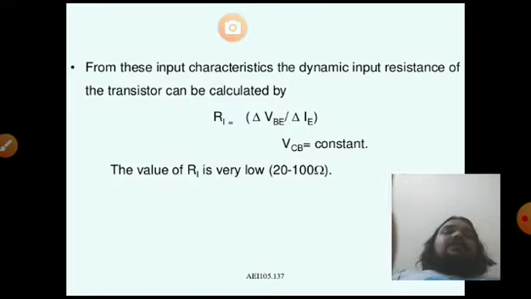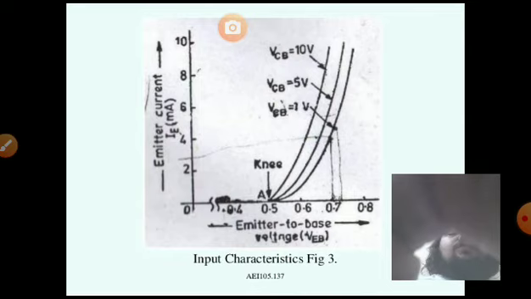From the input characteristics, the dynamic input resistance can be calculated as Ri equal to delta VBE divided by delta IE, where VCB is constant. The value of Ri is very low, 20 to 100 ohms.